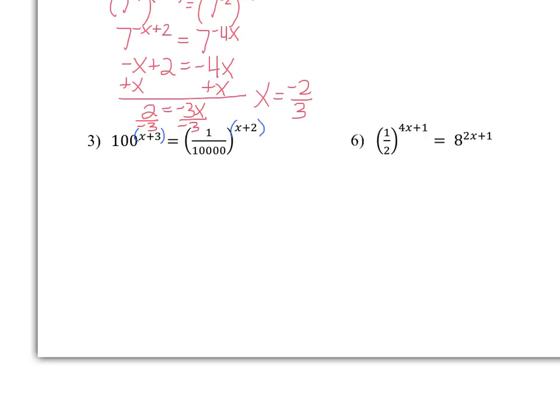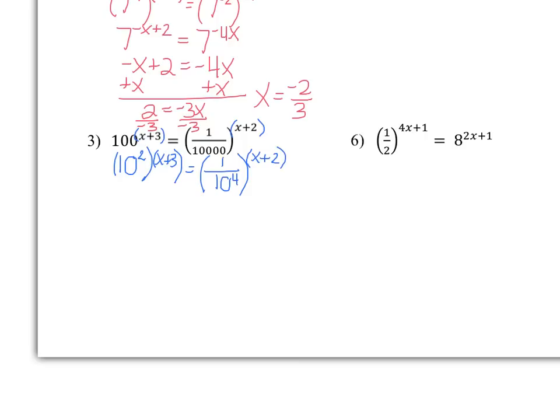Both of these can be written as base 10s. 100 is 10 to the second power to the exponent of x plus 3. And 10,000 is going to be 1 over 10 to the 4th. When you've got powers of 10, you just need to count the zeros to tell you what the exponent is. And this is going to be to the exponent of x plus 2.